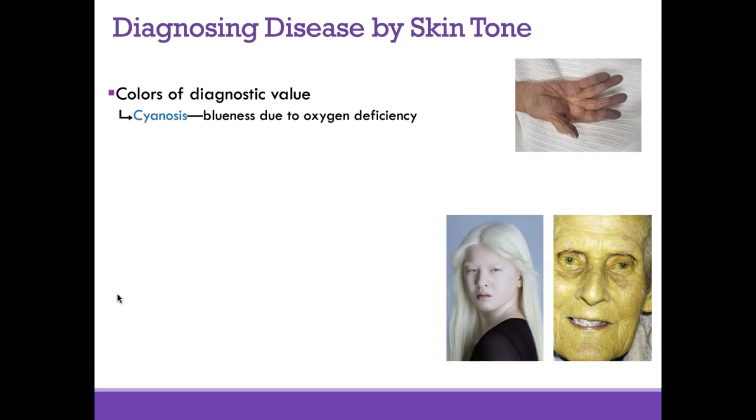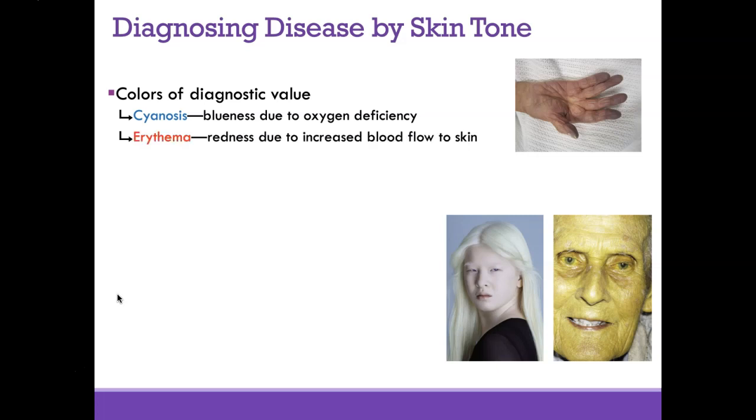This can be caused by choking, some kind of airway obstruction, or lung disease such as emphysema. You can also see cyanosis sometimes in very cold weather and cardiac arrest, when the blood flow is very slow through the skin and the tissues consume its oxygen faster than newly oxygenated blood can arrive. So cyanosis is oxygen deficiency.